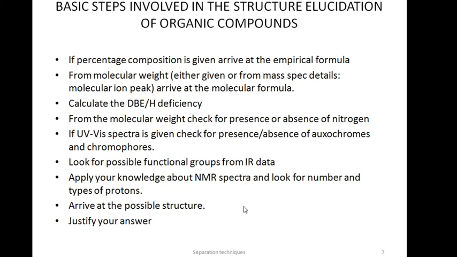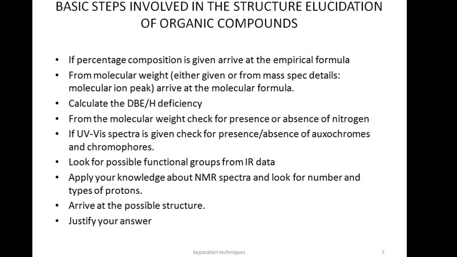After you predict the structure, you are going to interpret the fragmentation patterns. Initially, mass spectra you can use only to find out the molecular weight. Afterwards, you are supposed to interpret it if they have given you the peaks. If they have given the peaks, you have to interpret what are the fragmentation patterns which are possible. Then you're going to arrive at the possible structure of the molecule and justify your answer.